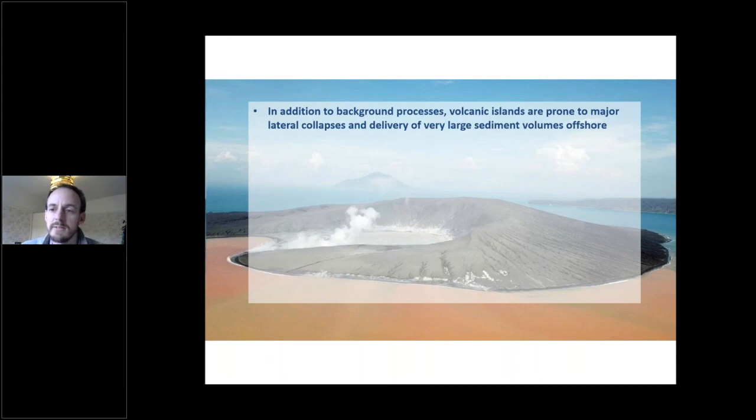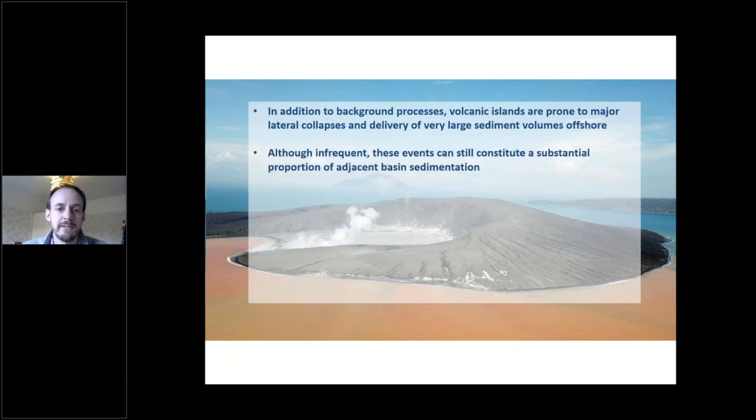So just to summarize a few points: in addition to background sedimentation processes, volcanic islands are prone to these major events which deliver very large volumes of sediments in a very short time scale to the surrounding seafloor. So although these are infrequent events on a geological timescale, they're still a substantial part of the sediment accumulation in adjacent basins, as you can hopefully see from some of those seismic reflection profiles.